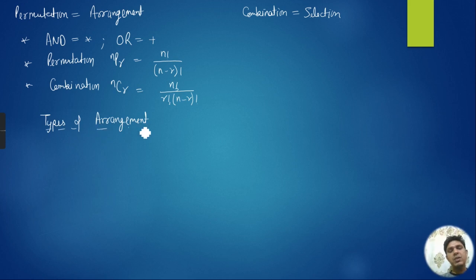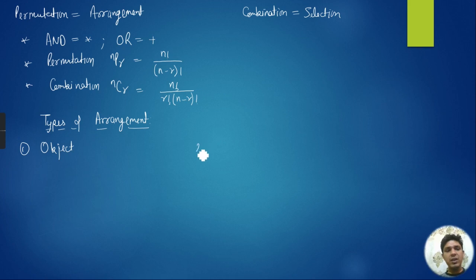Our first type of arrangement is object-based arrangement. Object-based arrangement means, if I say you have to arrange a number of books on a table, or arrange a certain number of people in a line, or arrange a certain number of balls in a linear basket, right?